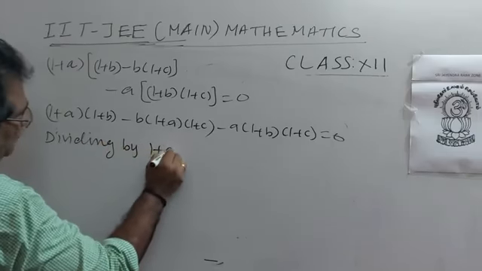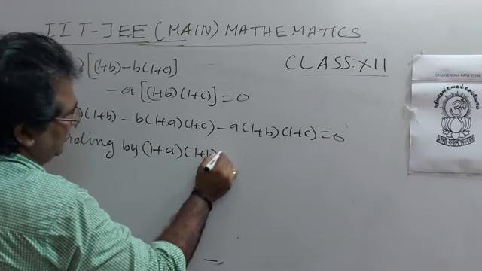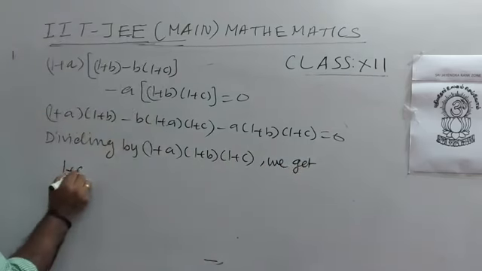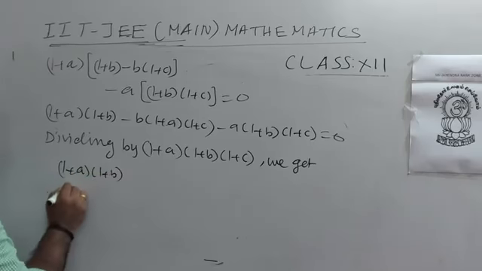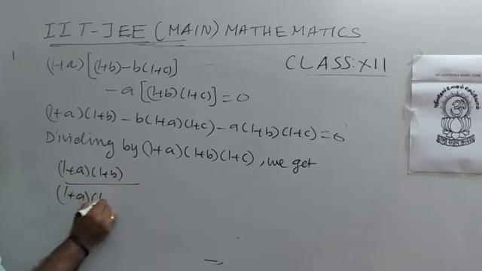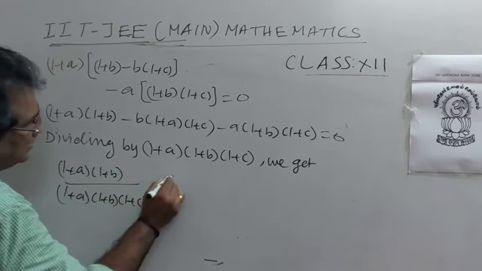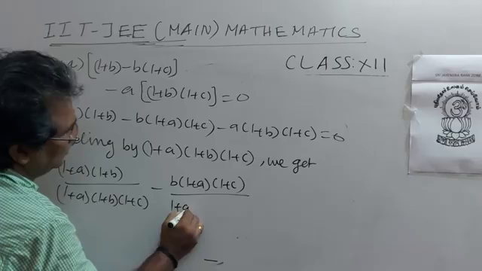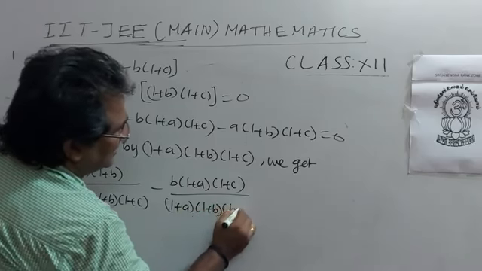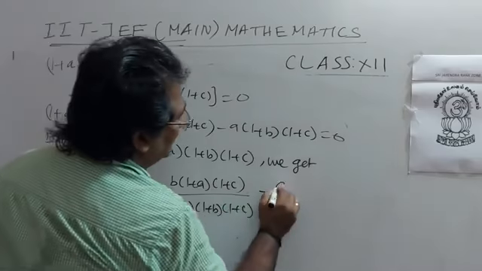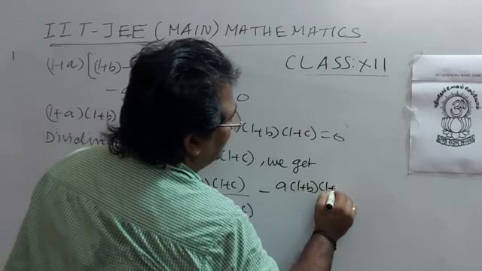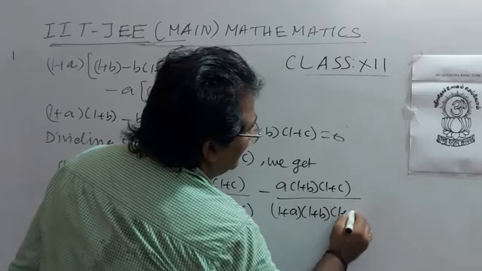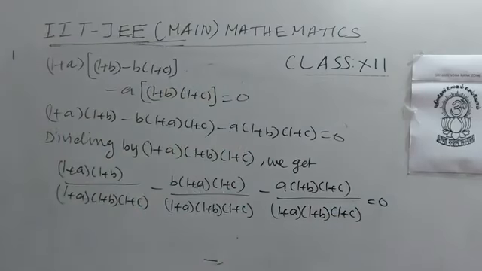Dividing by 1 plus a into 1 plus b into 1 plus c, we get 1 plus a into 1 plus b by 1 plus a into 1 plus b into 1 plus c, minus b into 1 plus a into 1 plus c by 1 plus a into 1 plus b into 1 plus c, minus a into 1 plus b into 1 plus c by 1 plus a into 1 plus b into 1 plus c equal to 0.